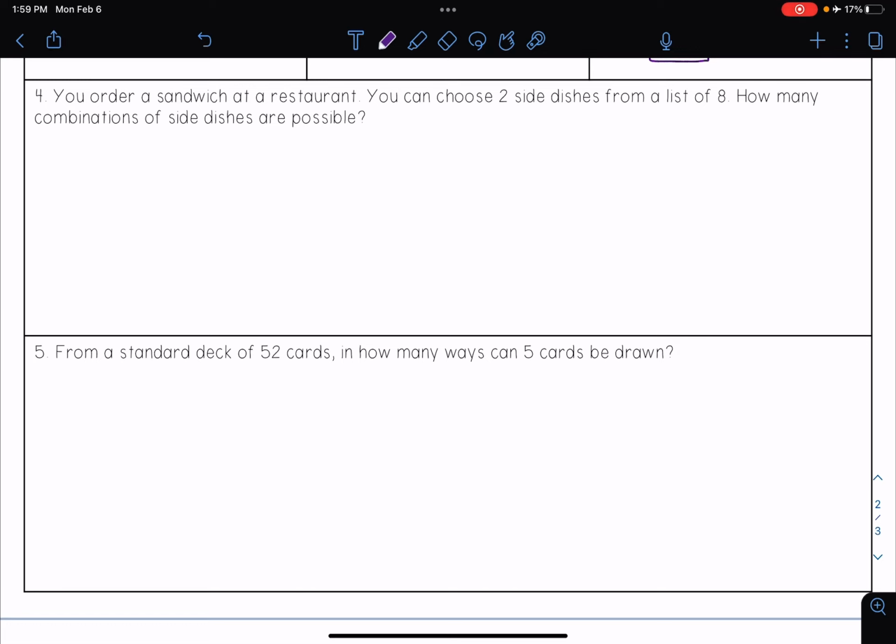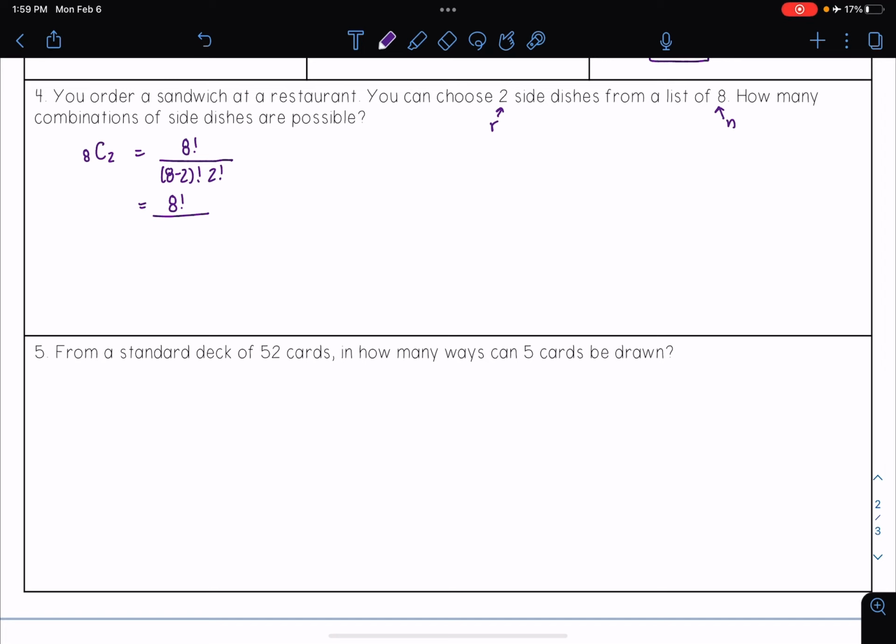And I'm choosing 2 sides from a list of 8. So that means that 2 is my r and 8 is my n, because 8 is the total on the list. 2 is what I'm choosing out. So I can find the number of combinations here by doing 8C2. I'll choose my formula. That is equal to 8 factorial over 8 minus 2 factorial times 2 factorial.